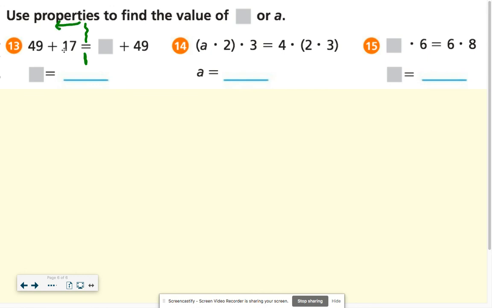What I have on this side, the left, I have to have on the right. 49, 17. Those are my two numbers that I have on the left. On the right, I have something and 49. So I use the 49. What is this missing box? It's what's left over, my 17.